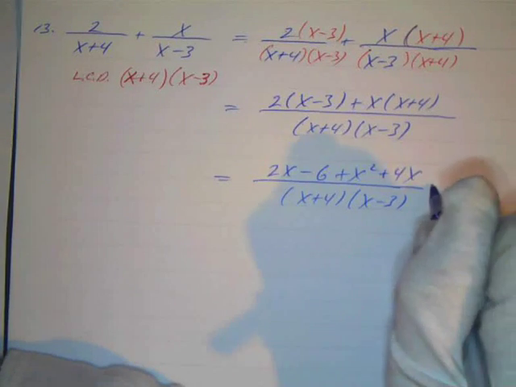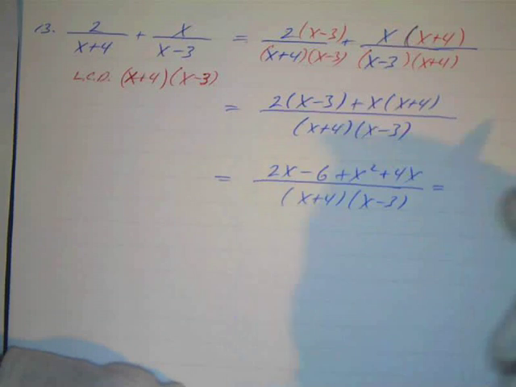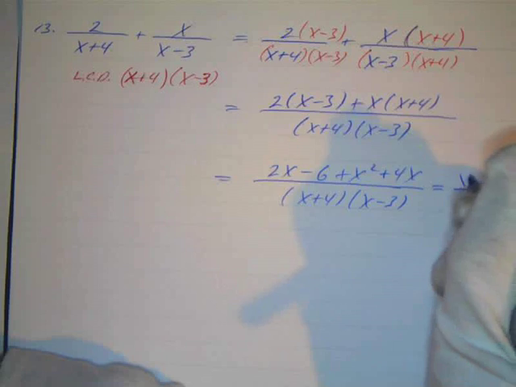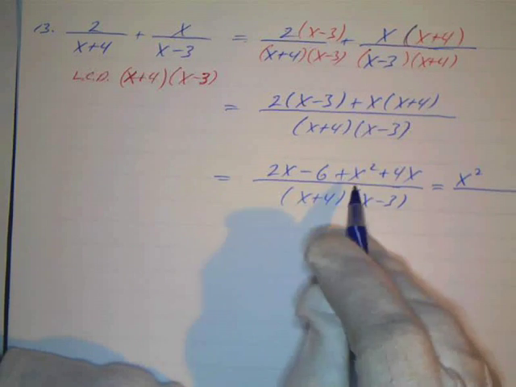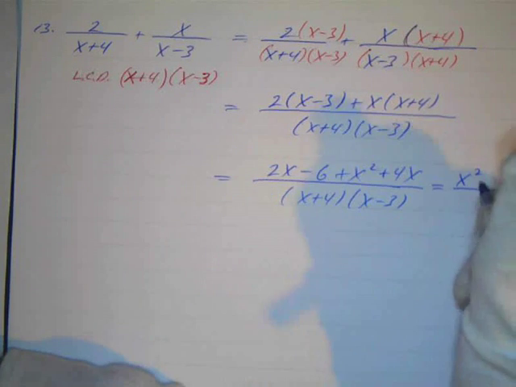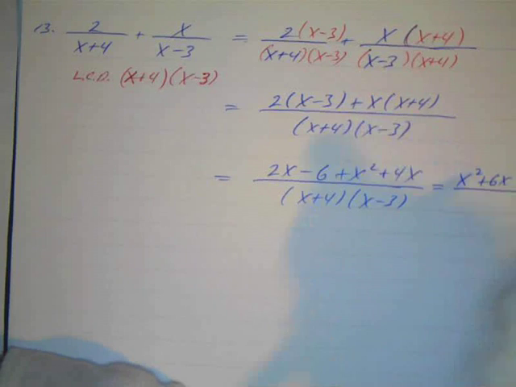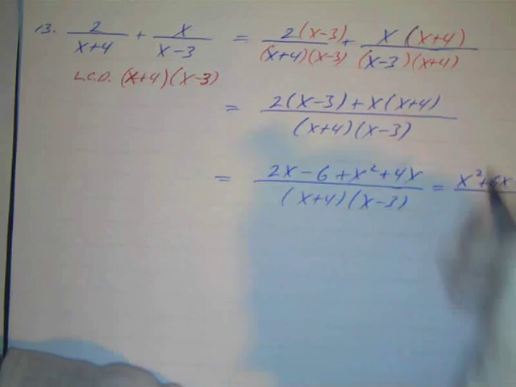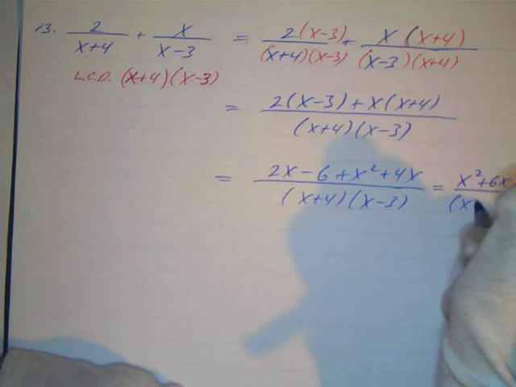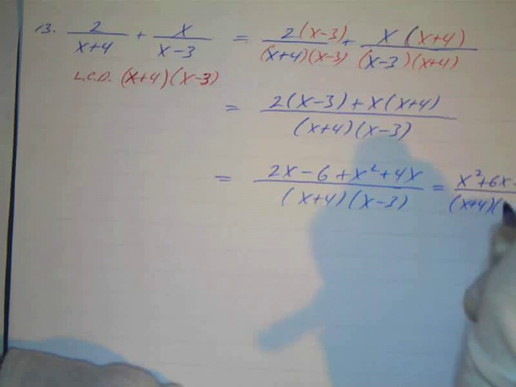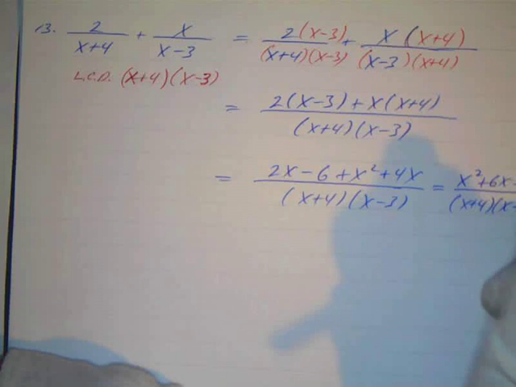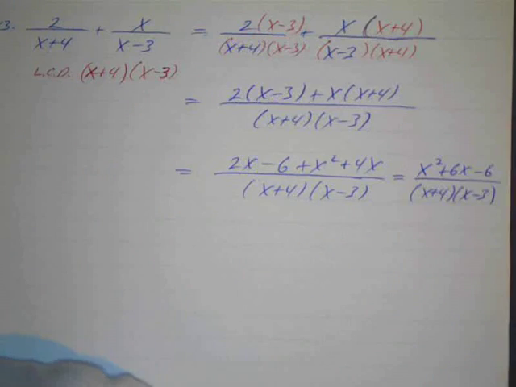And then we can simplify this a little bit. We'll have x squared on the top, and put in descending powers, x squared, and 4x plus 2x is 6x, and then minus 6, all over my LCD, which is x plus 4 times x minus 3. There's your answer.